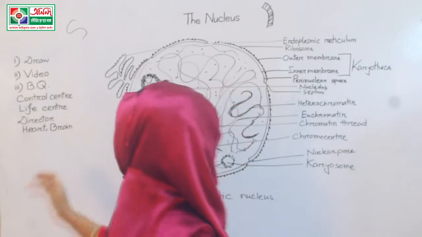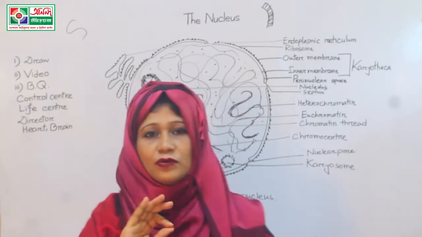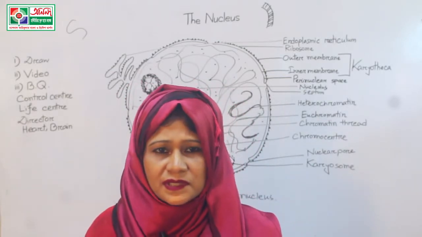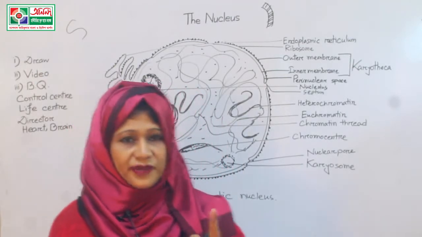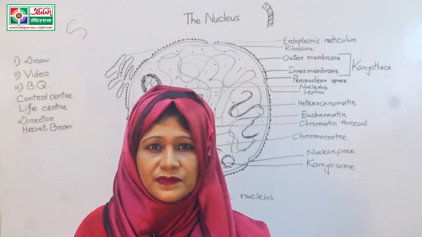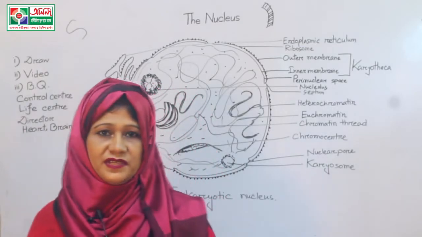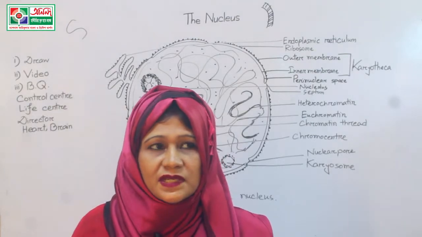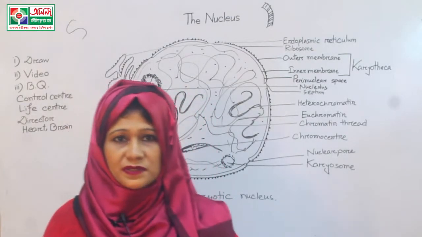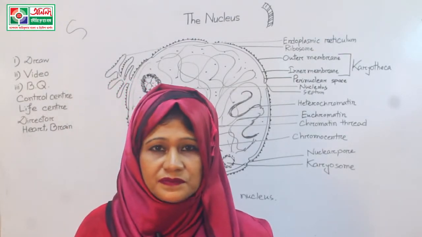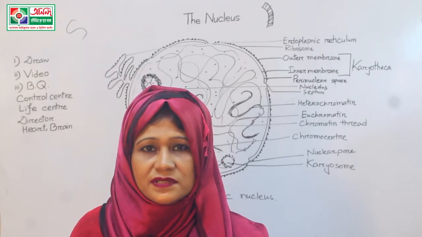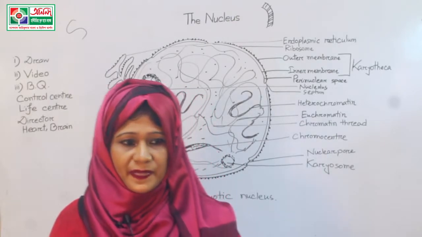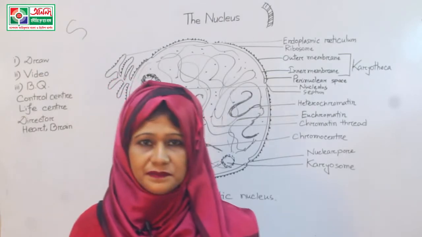First of all, you just write about the overall function of the nucleus. Actually, the nucleus regulates or controls all the metabolic activities or the vital activities of the cell. It takes part in cell division, and it is involved in the production of ribosome and RNA.